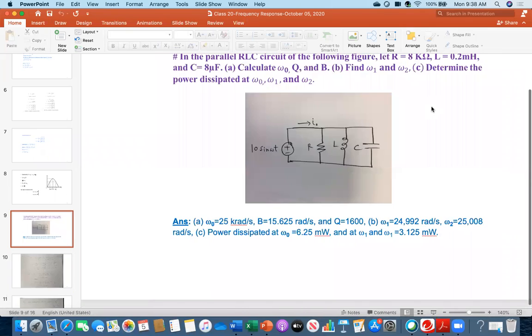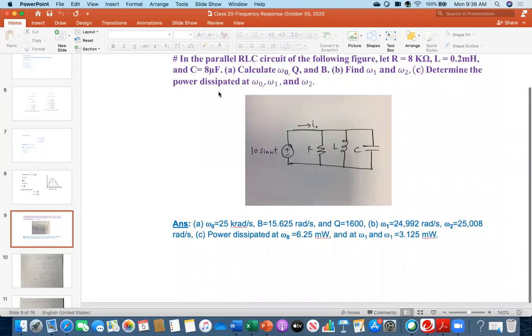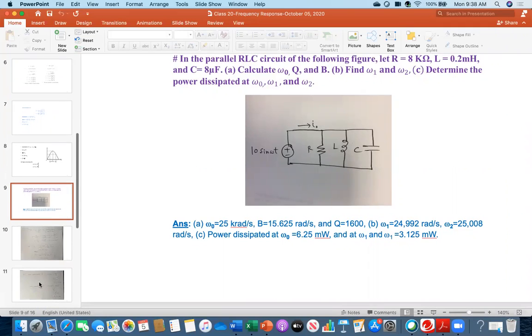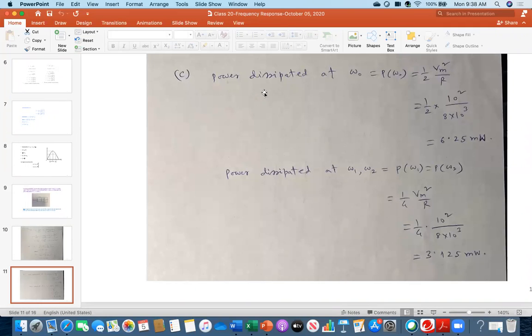Then there was the third question: determine the power dissipated at omega naught, omega 1, and omega 2. What is the value of power? So that thing is here. Power dissipated at omega naught, we have Vm square over R, as you can see.